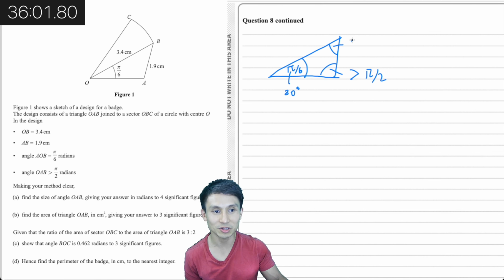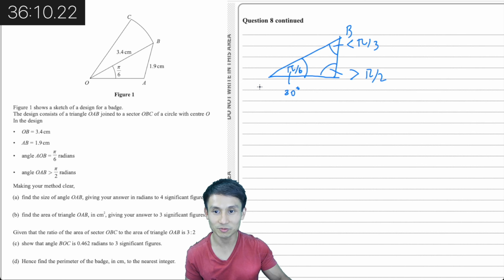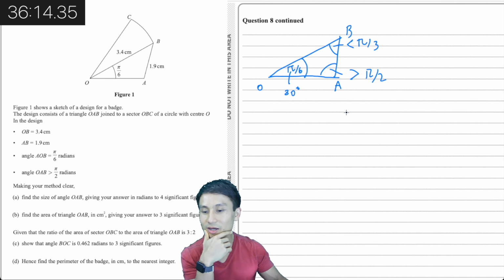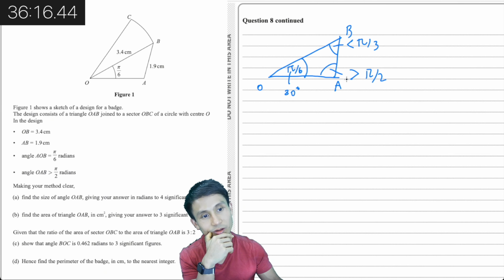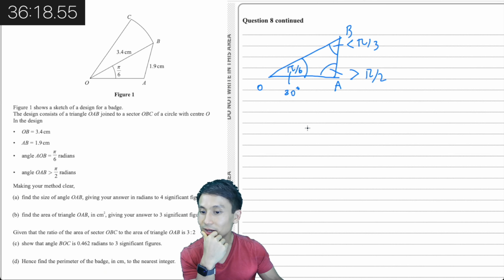So this must be less than 60 degrees, and in radians, that is pi over 3. So just noting that this angle, BOA, is less than pi over 3. Making your method clear. Yeah, I think that's right.